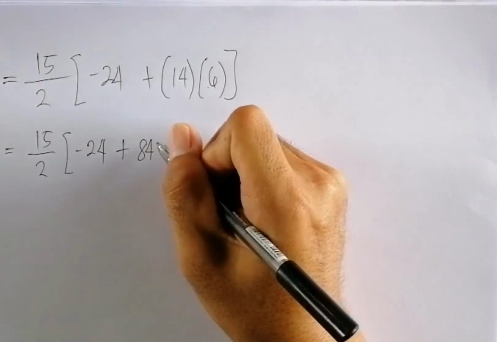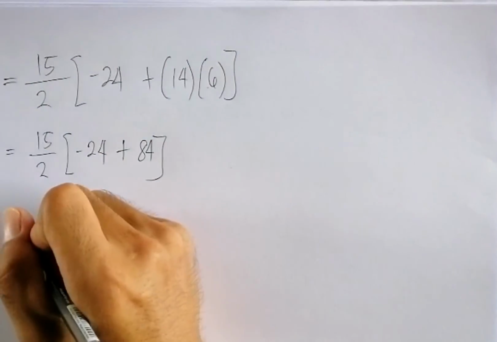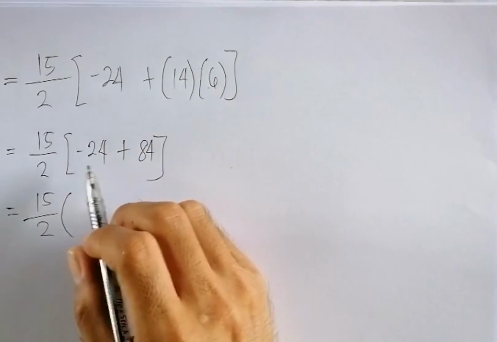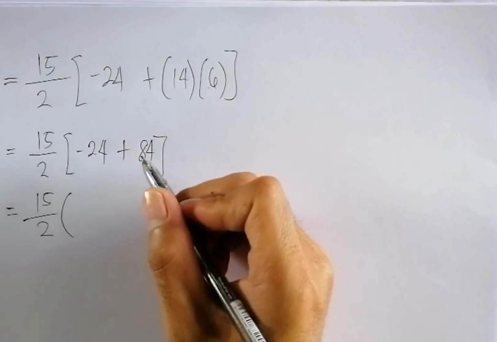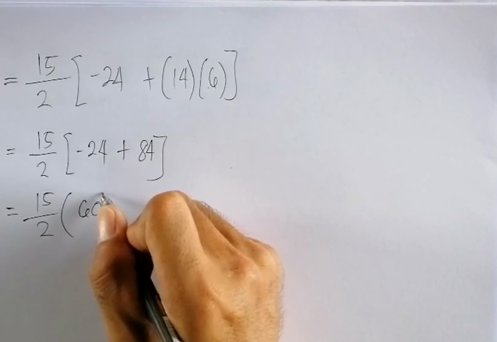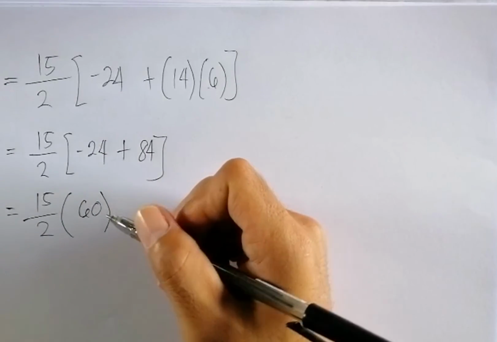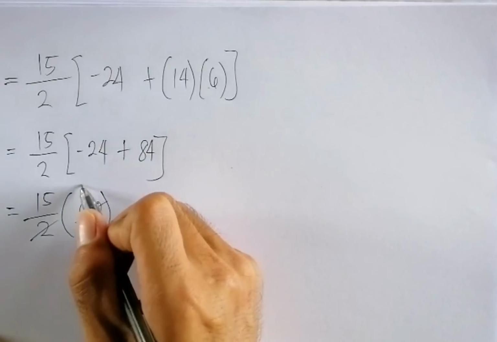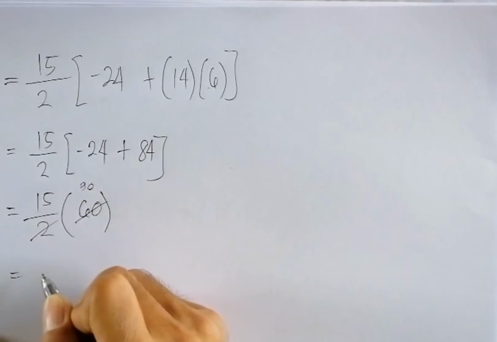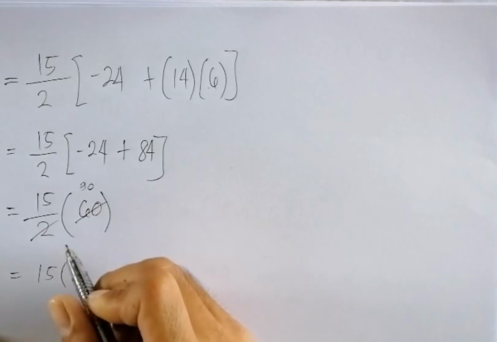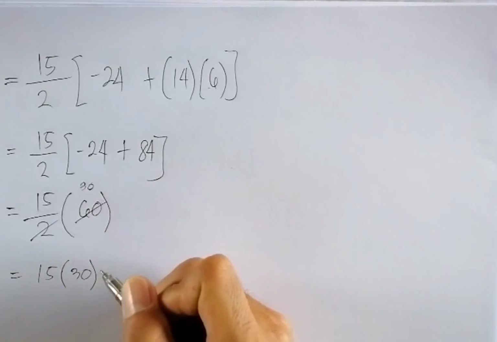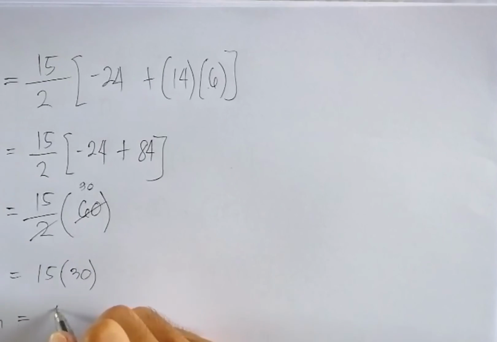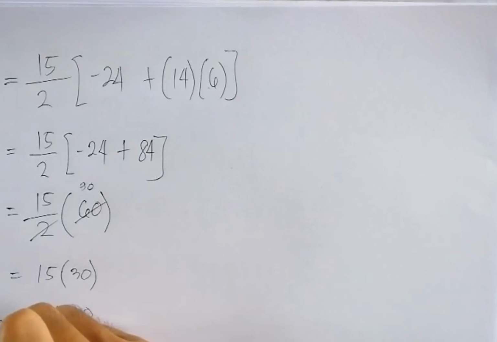It is equal to 84. Negative 24 plus 84 is equal to positive 60. Then divide 60 by 2. So that is equal to 30. Then multiply 15 times 30. So S sub n is equal to 450.